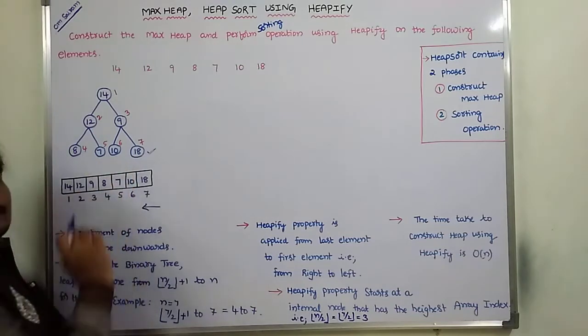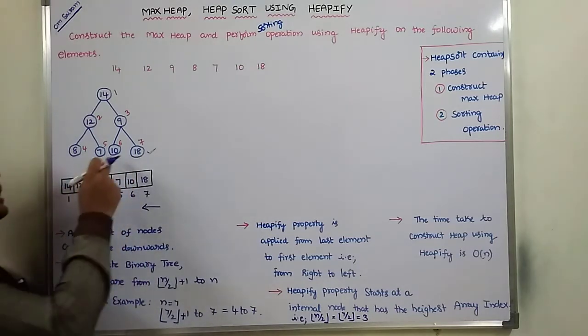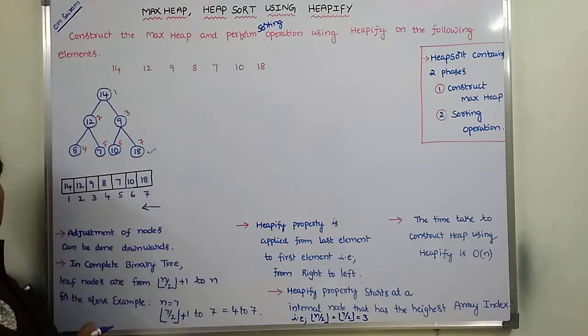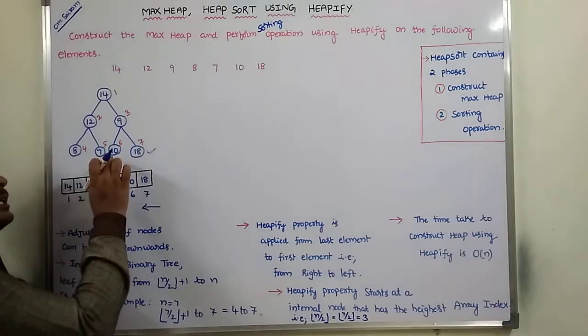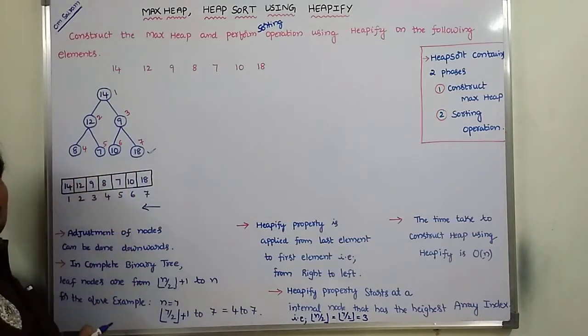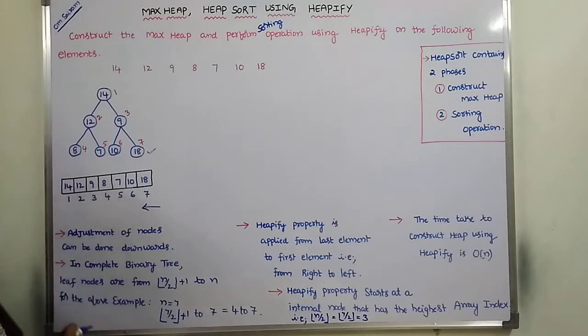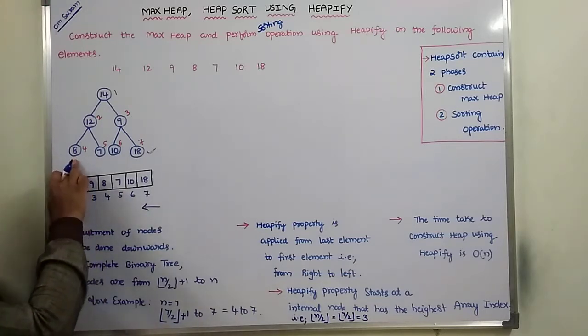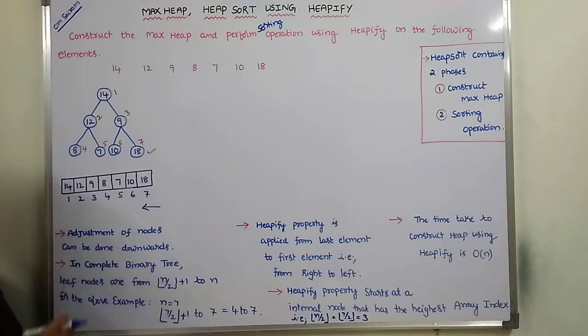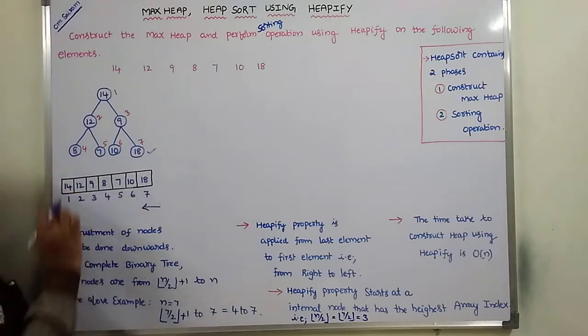Next go to the next leaf node, that is 10. 10 has no children, so it satisfies the maximum heap property. Next 7. 7 has no children, so it satisfies the maximum heap property. Next 8 has no children, so it satisfies the maximum heap property.